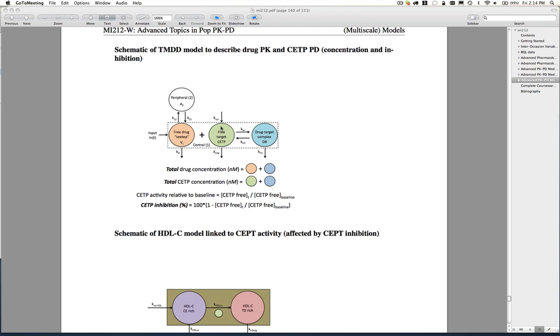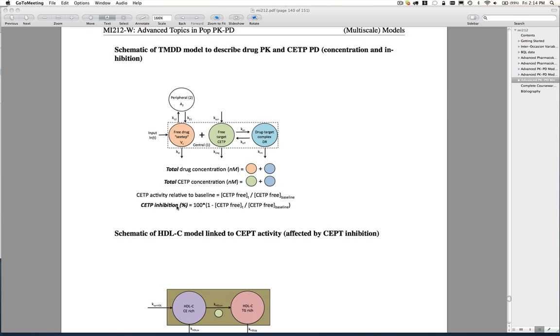Now, the other point, and again, hopefully the schematic helps to bring this out a little more, is that you can imagine that the activity or the ability of this CETP to transfer triglycerides and cholesterol esters back and forth is really a function of the amount of free CETP that's around. And so as you bind CETP up, this free is going to decrease, and so therefore your CETP activity will also decrease. And so you can think of the activity at any time t as equal to the concentration of CETP that's free divided by the amount of CETP that was there at baseline.